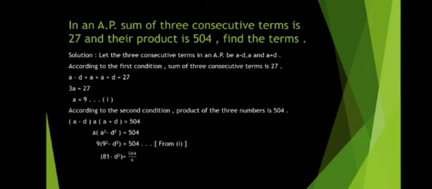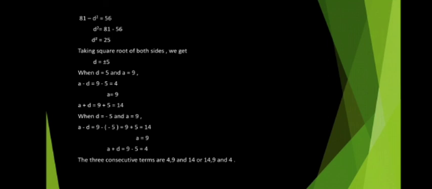Now we'll take 9 to the other side of equal. So what will come? 81. Do you know how 81 came? Yes, correct. The square of 9 is 81. So 81 minus d square is equal to 504 upon 9. Now if we divide 504 by 9, we'll get 56. So 81 minus d square is equal to 56.